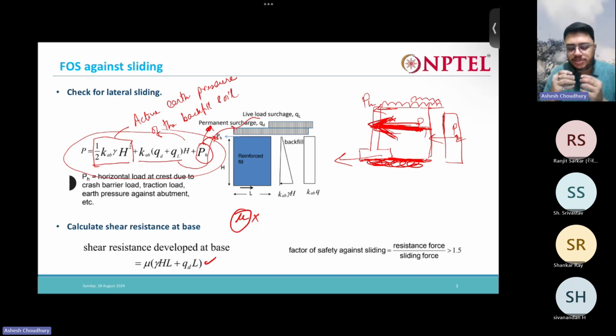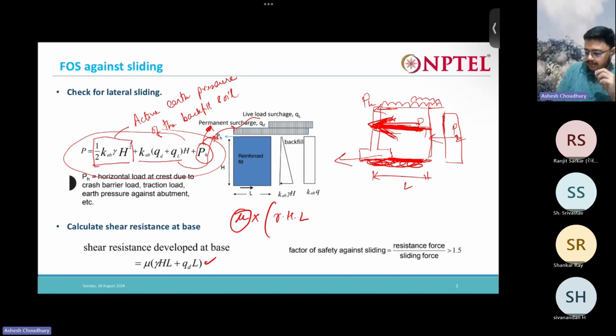So the friction coefficient times the vertical load. What is the vertical load at this level? Gamma into h into l, right? Gamma is the unit weight of the soil, h is the height, and l is the length of the reinforced block.